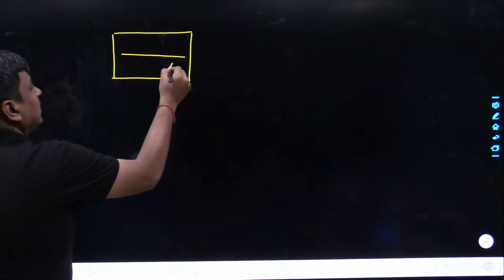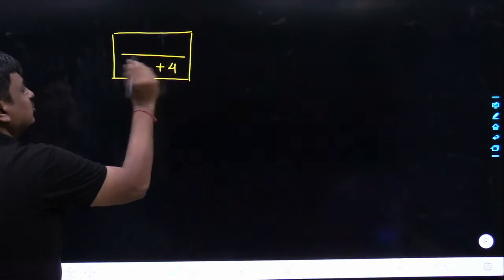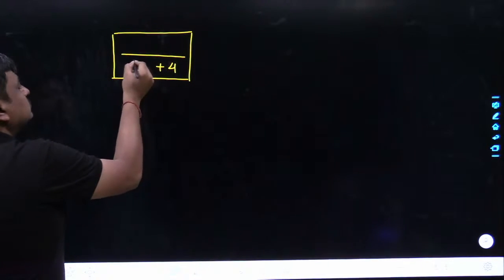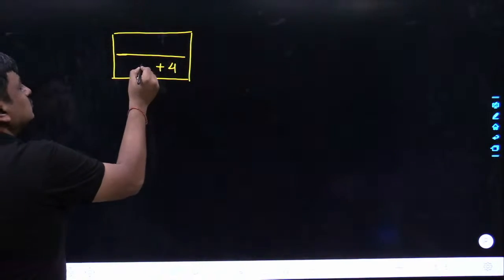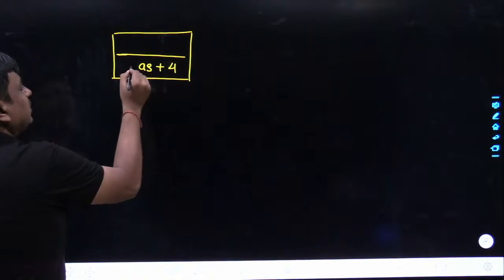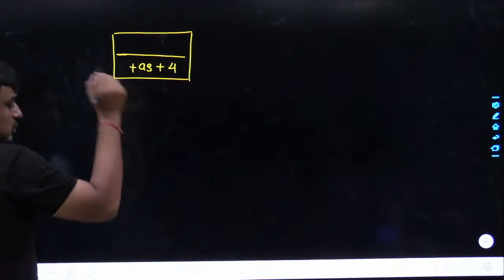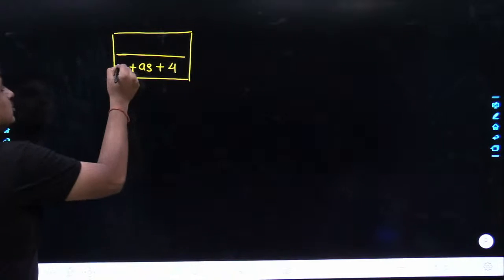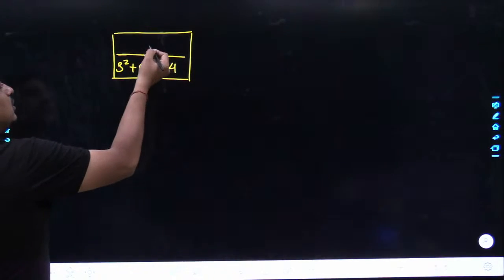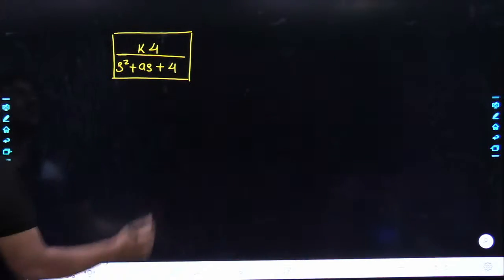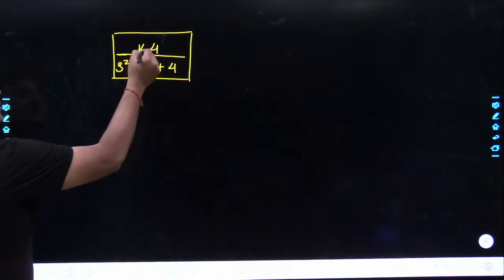Like the denominator, instead of omega n square, I have taken the value as 4. And you can take this as 4 times of k.